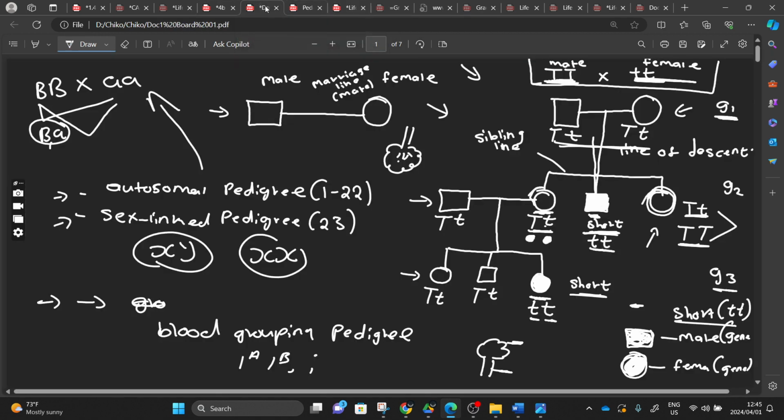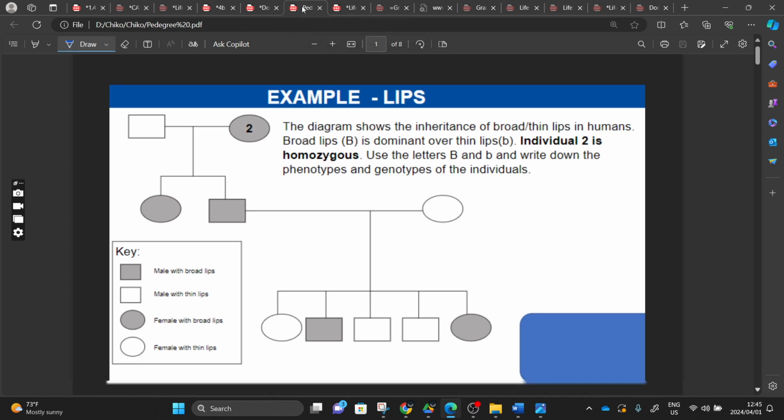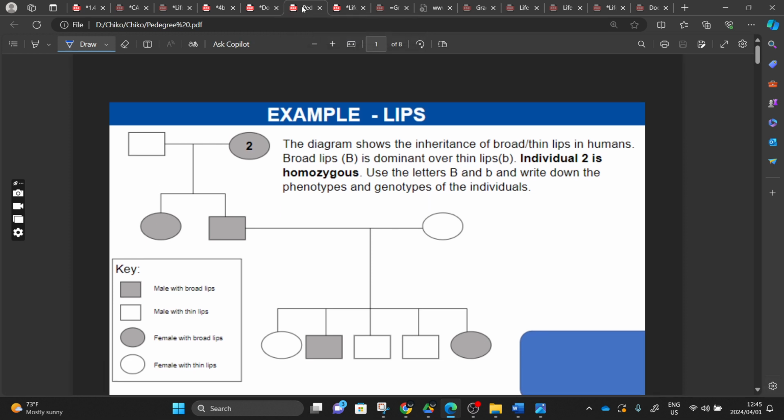So let's go to our examples, guys. You understand this example. Tomorrow we come and do activity number 7. So okay, here's an example. A diagram shows the inheritance of broad or thin lips in humans.